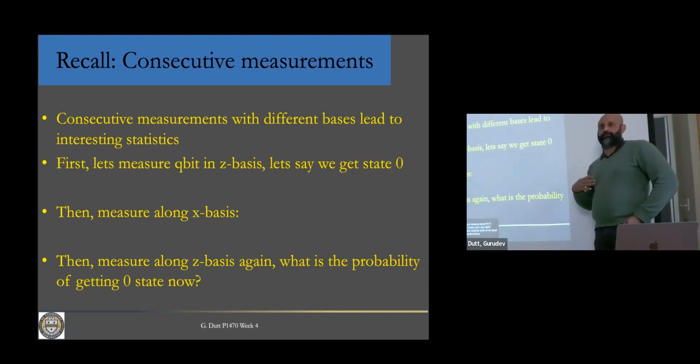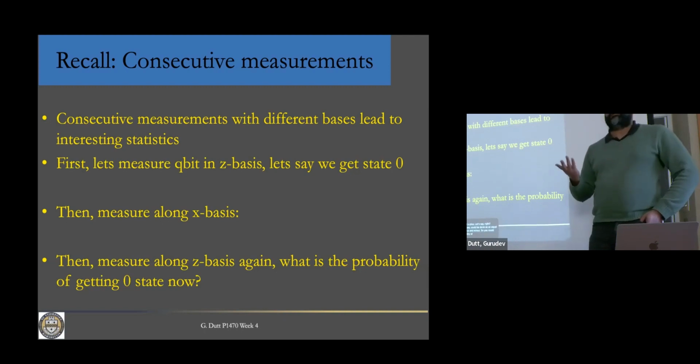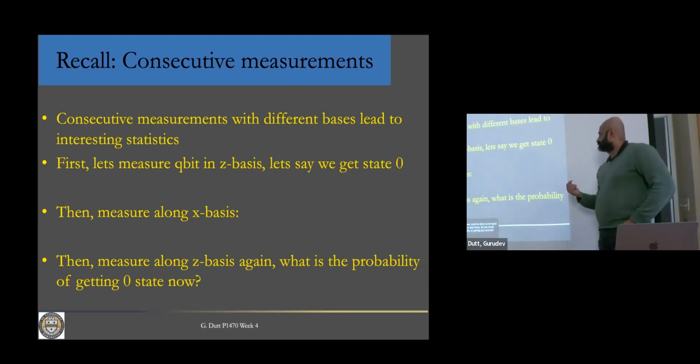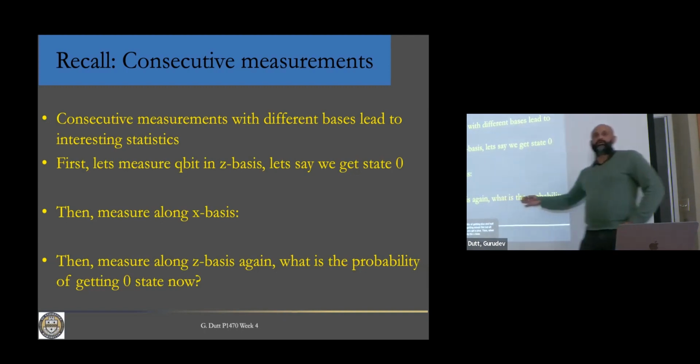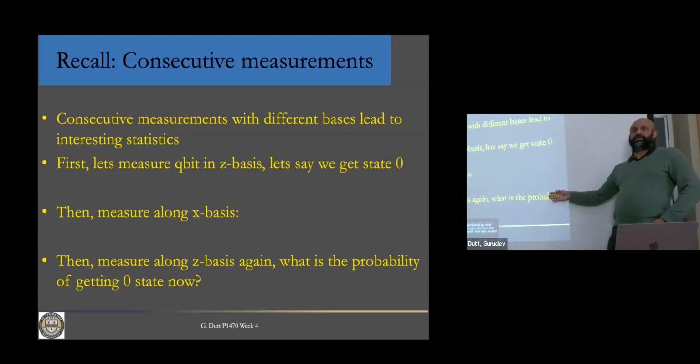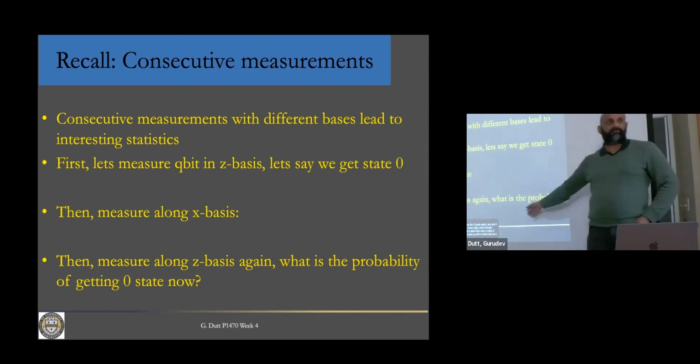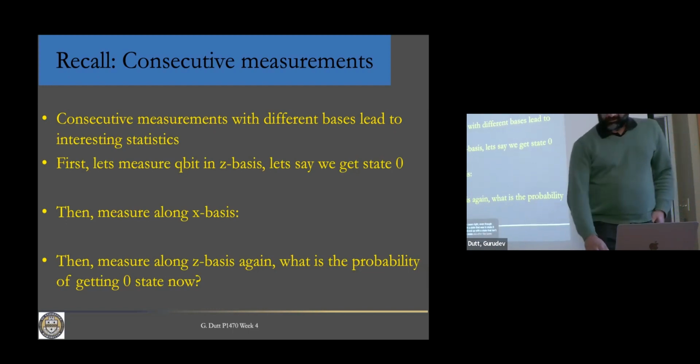So you could have a half probability of getting plus and half probability of getting minus. But now let's say you got a plus, then when you measure along the z basis again, you don't always get back a zero. Even though initially you started with a state that was in state zero, this time you could end up with a qubit that's in state one after the second measurement.